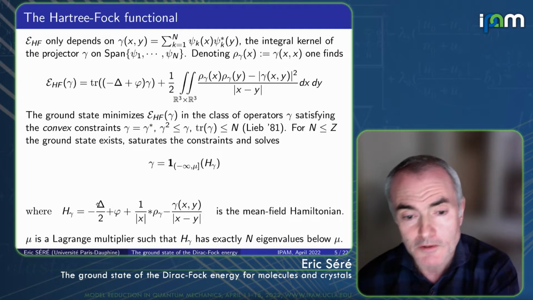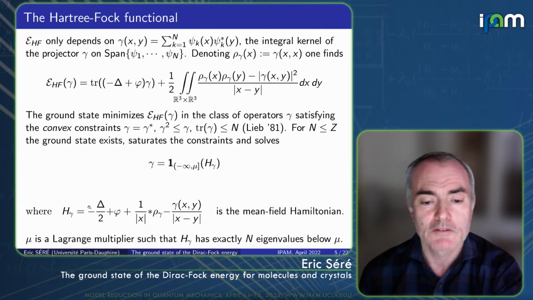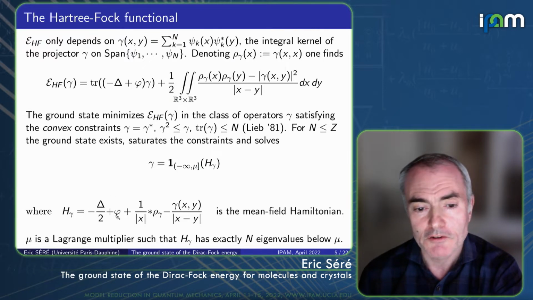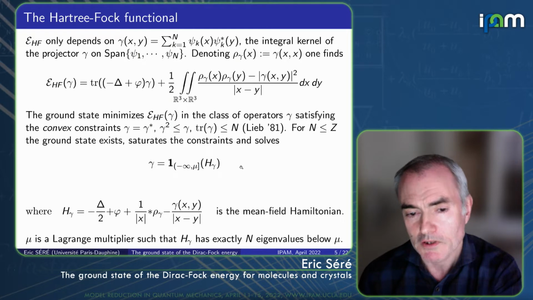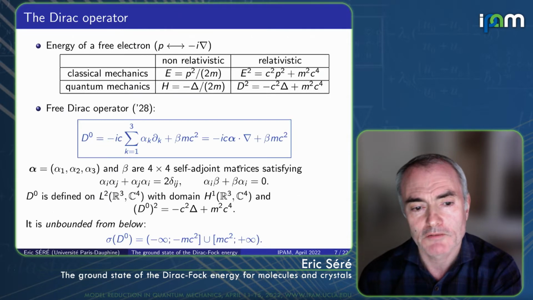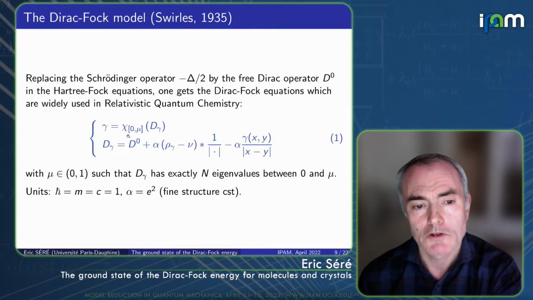But now, since Dirac has a negative spectrum, and since you don't want negative energy electrons, you cannot take minus infinity to mu. You have to take 0 to mu, let's say. So that's the equation here.